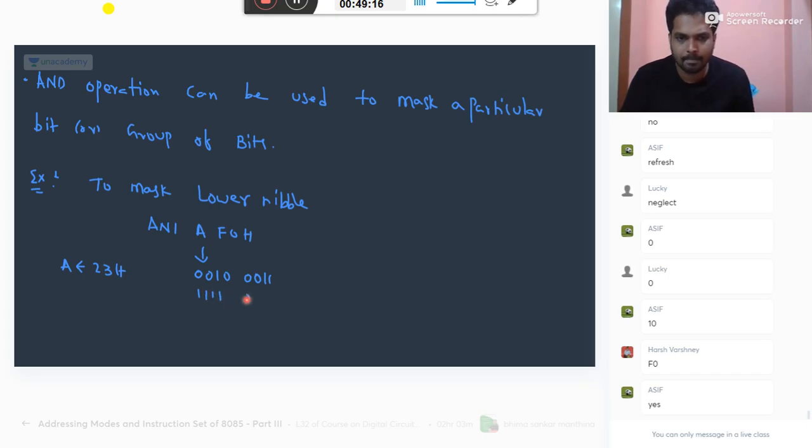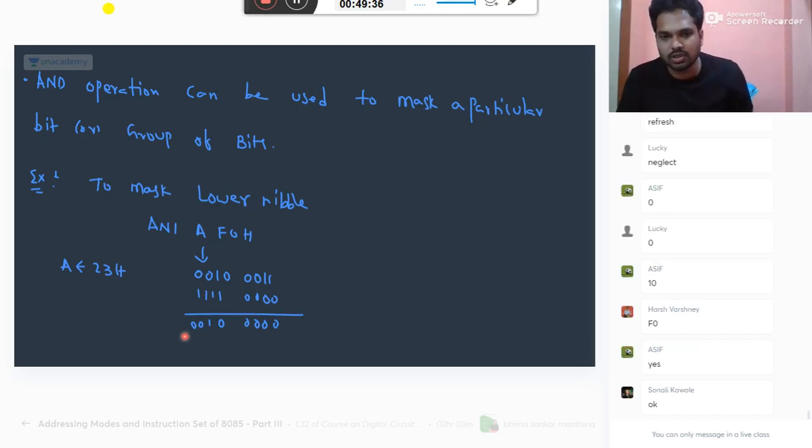Similarly, to mask the MSB, that is the sign bit equal to 0, what you can do is AND immediate with 7F.